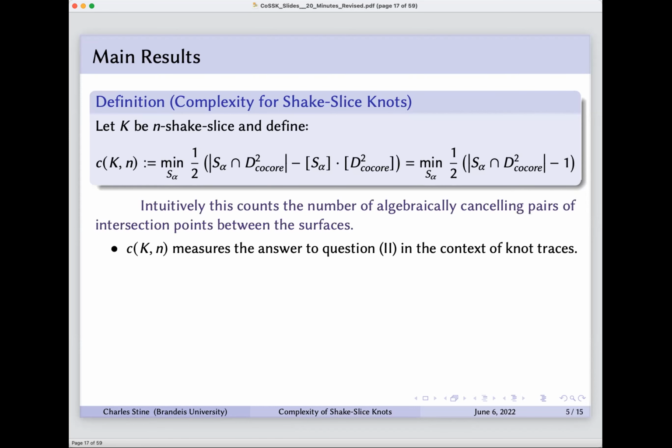Intuitively this is counting the number of algebraically canceling pairs of intersection points between the surfaces, and as I said, measures the degree to which question 2 fails.